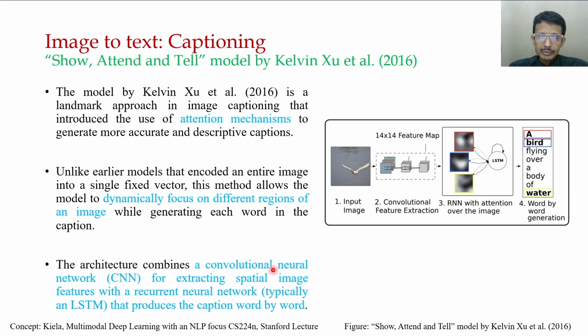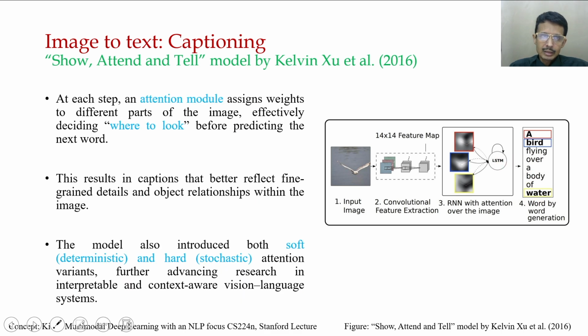This architecture combines a convolutional neural network, CNN, for extracting spatial image features, with a recurrent neural network, typically an LSTM, that produces the caption word by word. At each step, an attention module assigns weights to different parts of the image, effectively deciding where to look before predicting the next word.